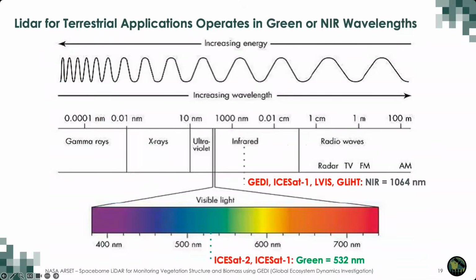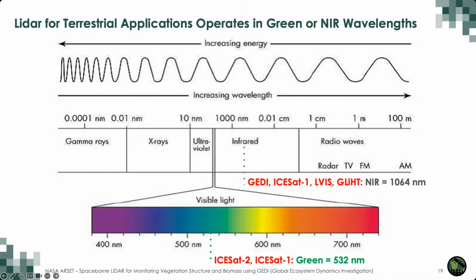LiDARs focused on terrestrial studies operate at either green or near-infrared wavelengths. The frequencies of these wavelengths, unlike microwave frequencies, cannot penetrate through clouds. LiDAR for terrestrial applications uses near-infrared lasers like GEDI's 1064 nanometer laser because it reflects strongly off of vegetation.